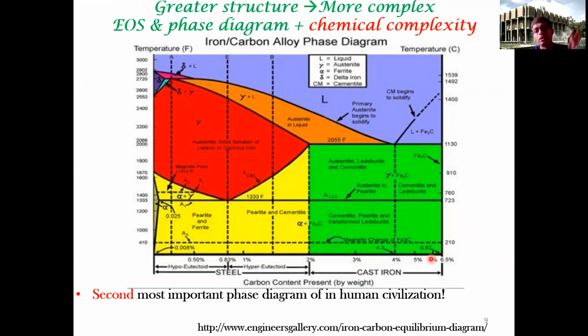So what do you think is the most important phase diagram in the whole of human civilization? That is a question for you to think about. While we'll look at what is the most important phase diagram in human civilization, with these thoughts, I would end here.